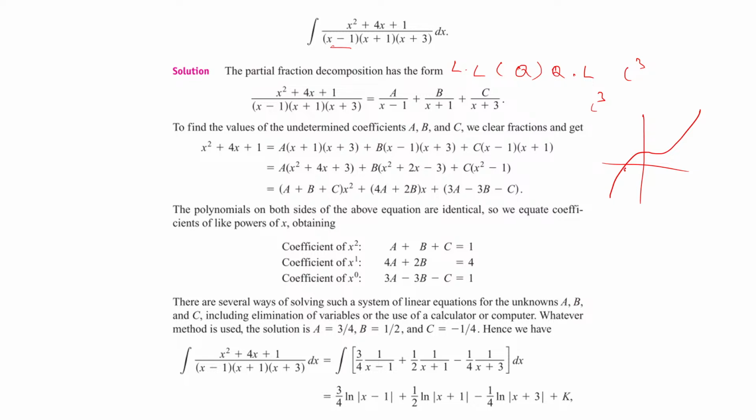It will touch the x-axis at least once. It can touch 3 times for 3 real roots, but at least one real root should be there. Any cubic equation you can write as one linear into one quadratic. Agreed, Emma?